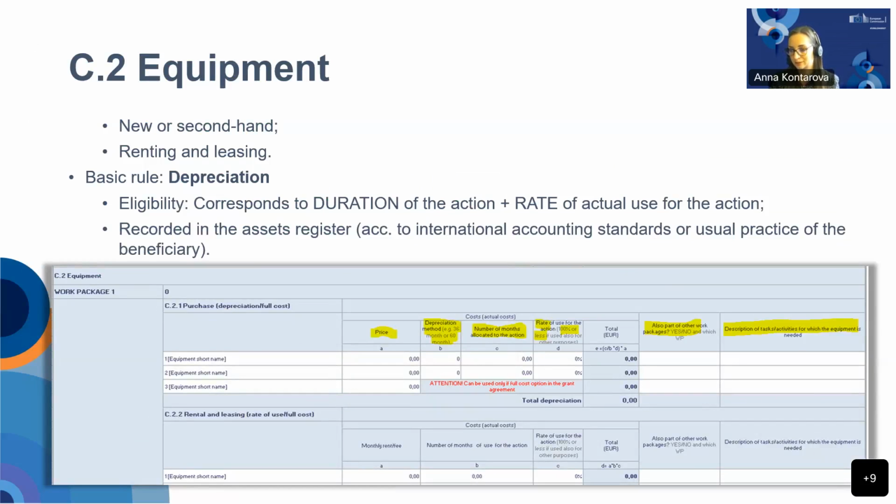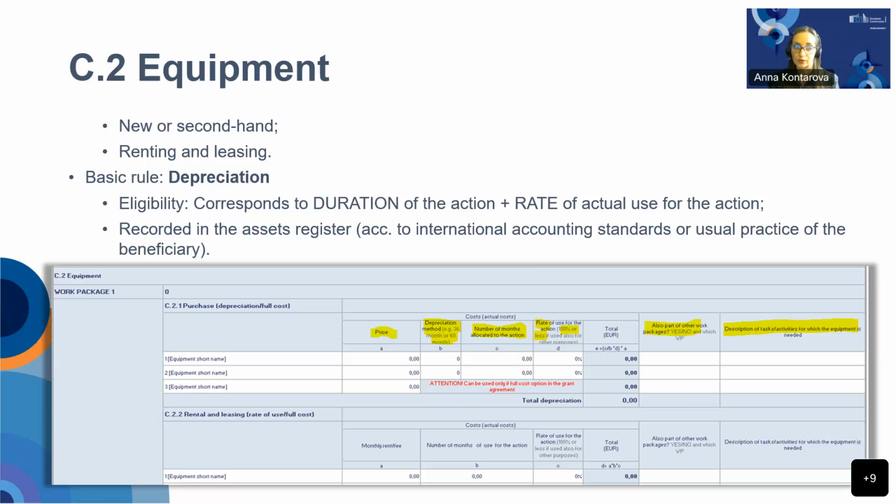Again, if there is an audit, they will verify if it's done according to the usual practice of the beneficiary. If not, then international accounting standards. Eligible costs are only the portion of the cost that corresponds to the rate of actual use of the action during the action duration. So this has to be taken into account only.